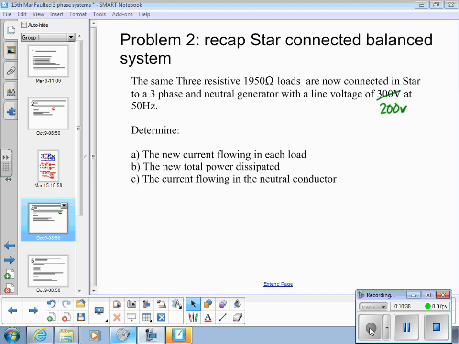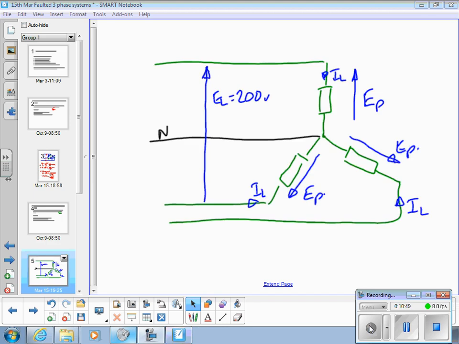What you should prove from that calculation is how much current flows in the neutral. None, with a balanced load. So that's the system: line voltage 200 volts, three equal resistances of 1950, and this time three separate phase voltages instead of three separate phase currents.